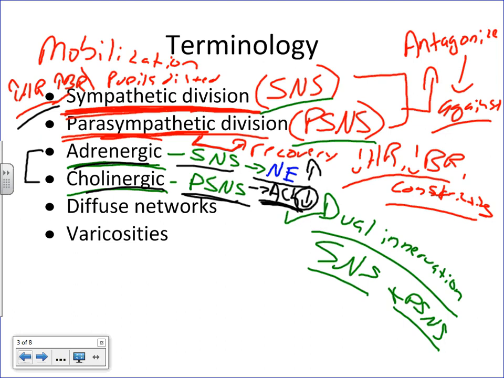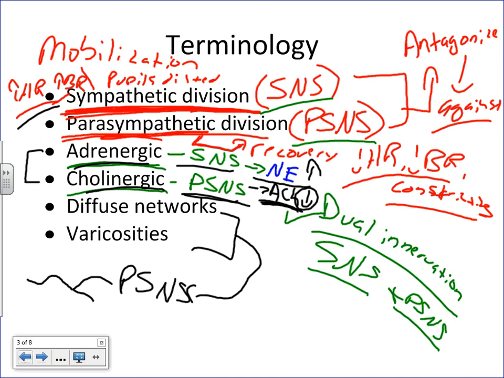And when you look especially at the distal aspect of the parasympathetic nervous system, once these nerves get into tissues, they're going to start to branch and form diffuse networks inside the tissues that they innervate.